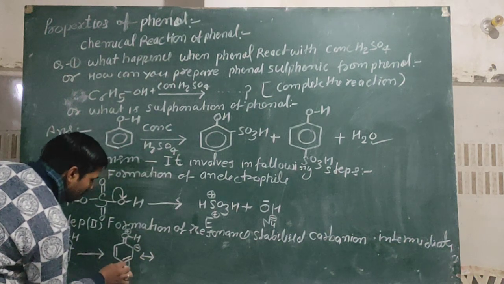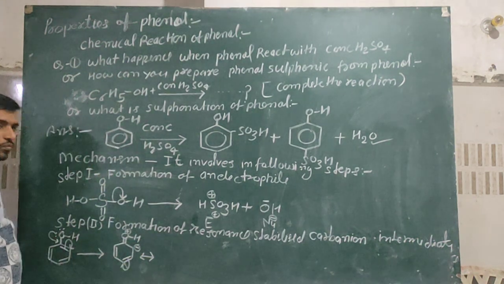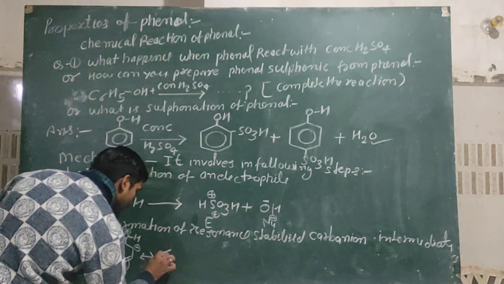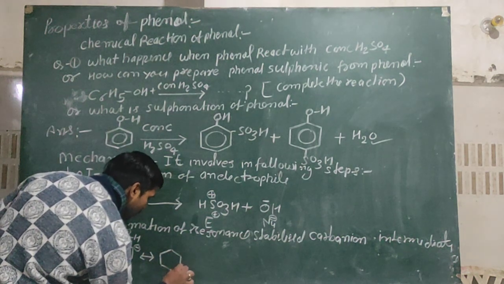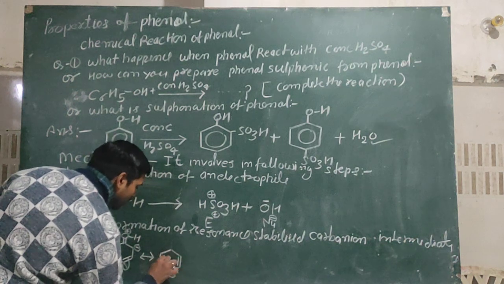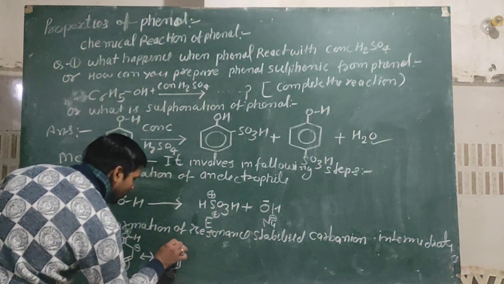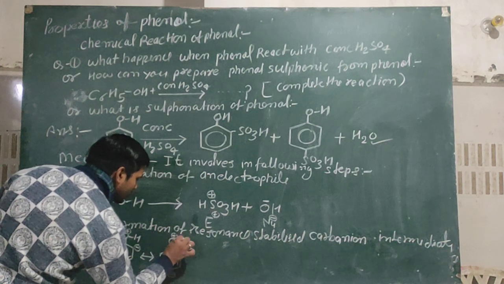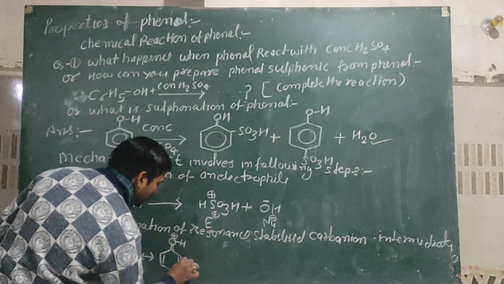Further, this bond breaks toward the para position of the phenol and it can form this negative charge toward this center, and here oxygen has positive charge with hydrogen.